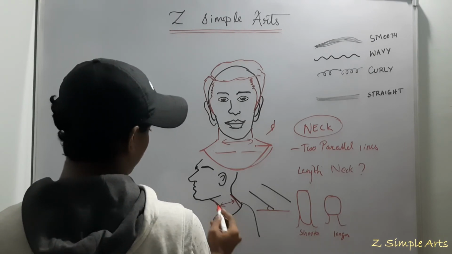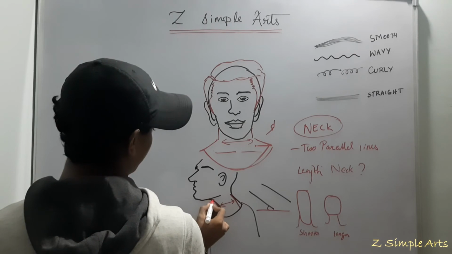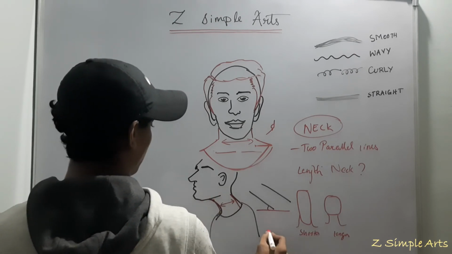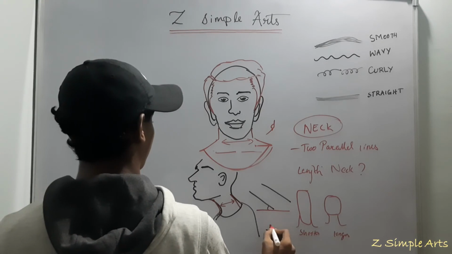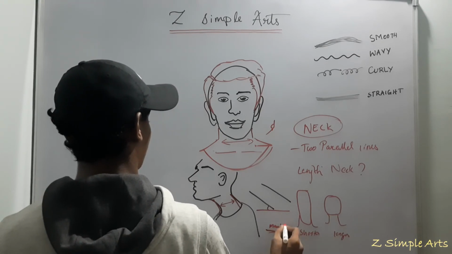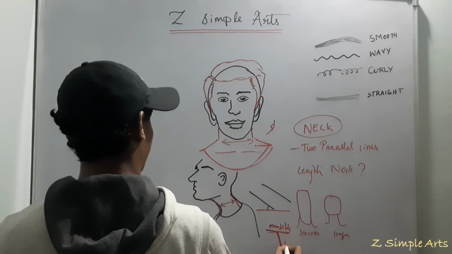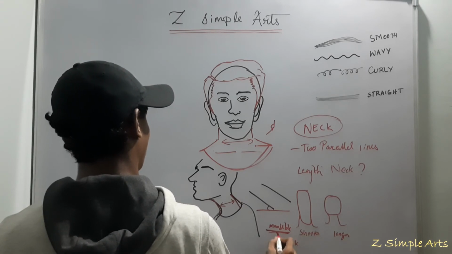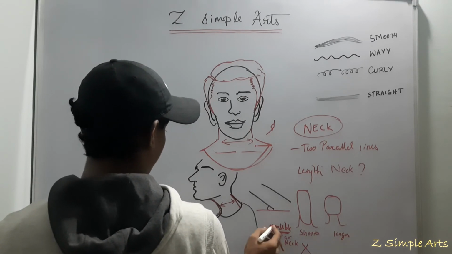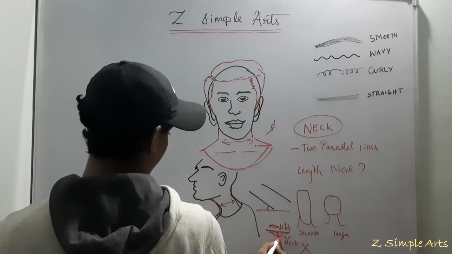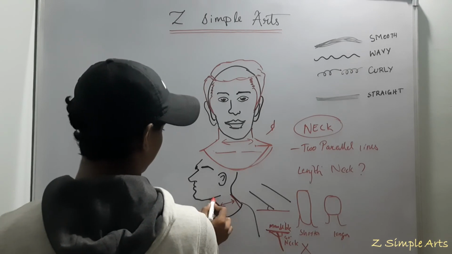And one more thing, the junction between the neck and the mandible won't be perpendicular. Even though it is perpendicular, there will be a triangle connecting here.